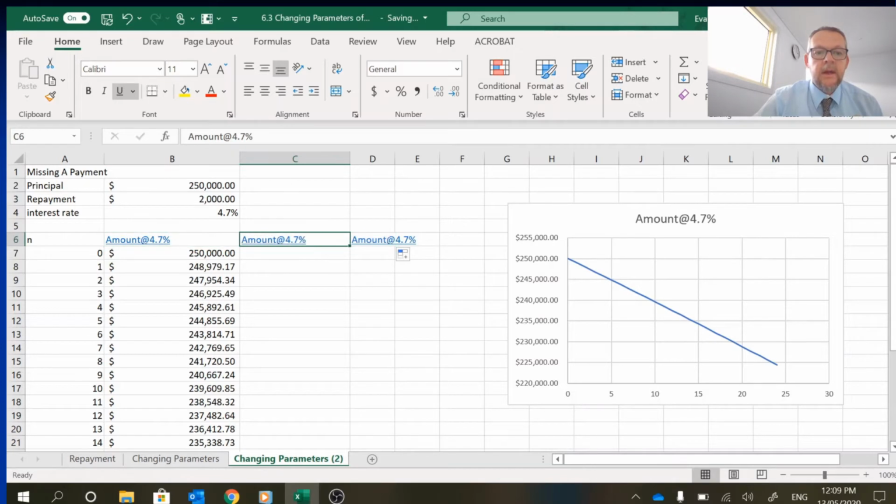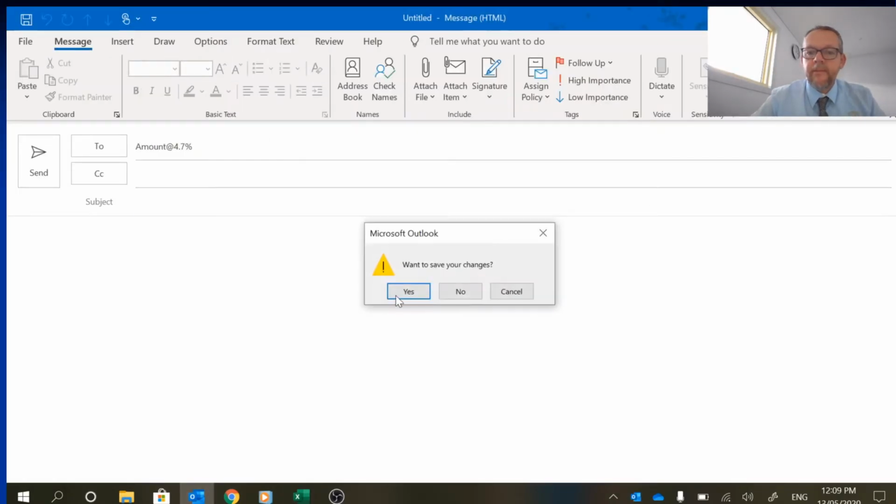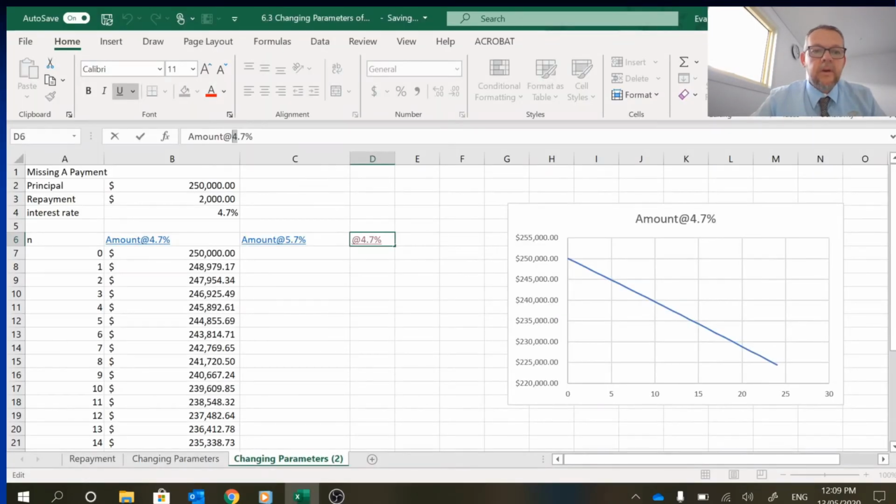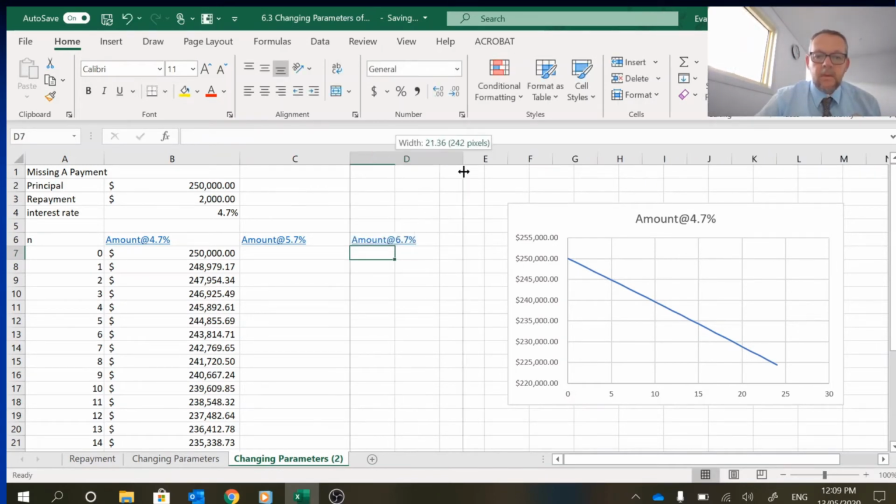So I might just look at the effect of increasing the interest rate. So, well, I'll say 5.7, and let's call this one 6.7. I was being smart, trying to put an @ sign in there just to help us tell the difference.